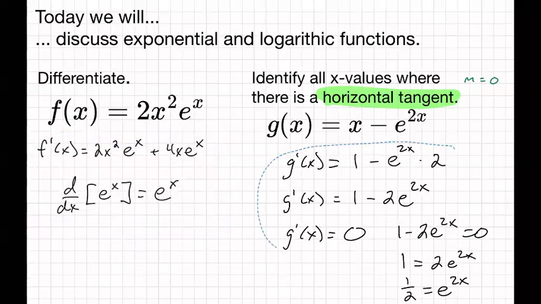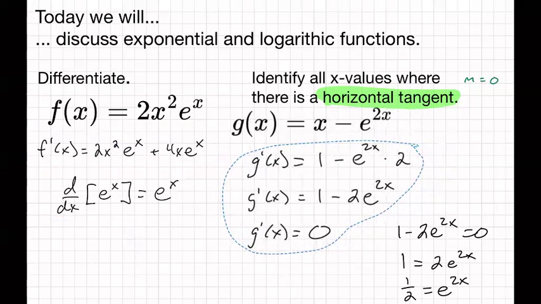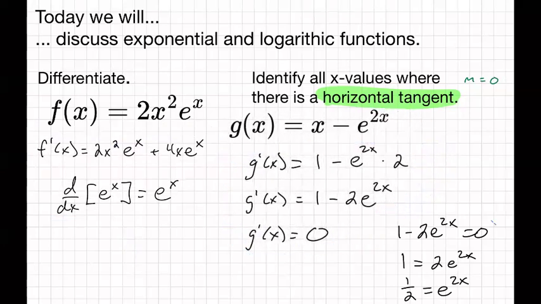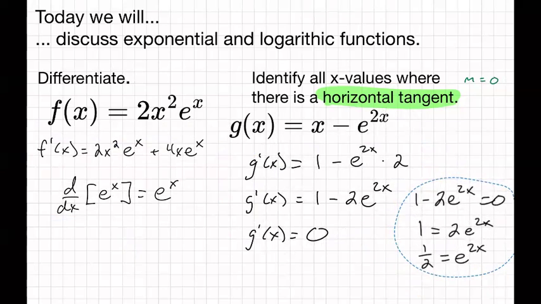Now, 1/2 equal to e to the 2x is something that we haven't necessarily come across a lot so far this semester. But this is where we're talking about dealing with exponentials and logarithms, okay? I kind of talked about it a little bit.